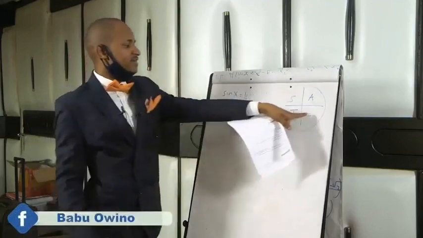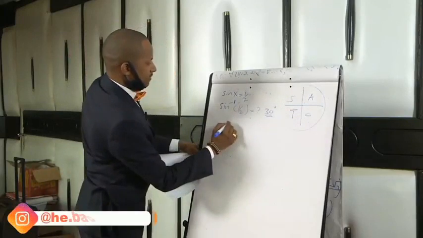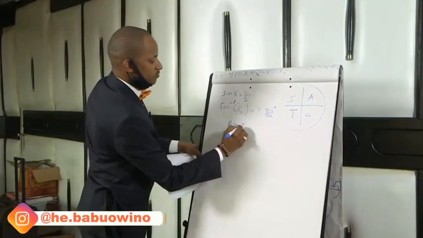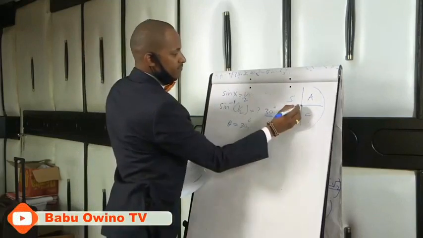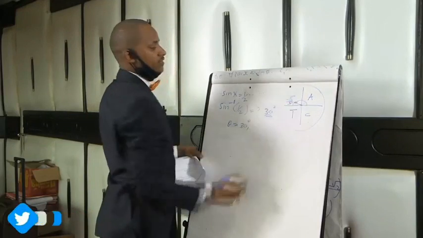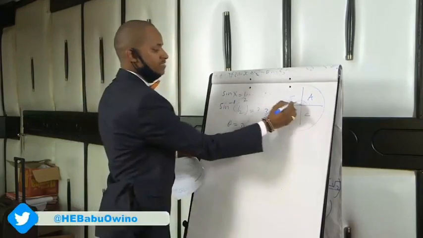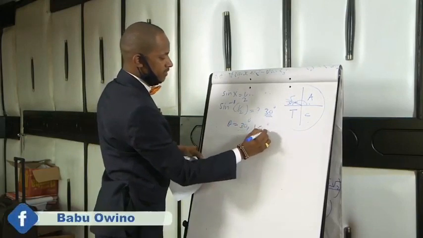But it's negative here and negative here. Therefore, in the first quadrant, theta equals 30 degrees. But in the second quadrant, if we have our 30 degrees here, what will be the remaining angle here? It is 180 minus 30, which is 150 degrees.